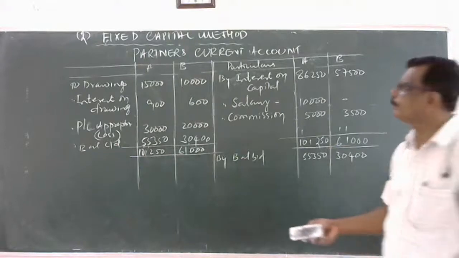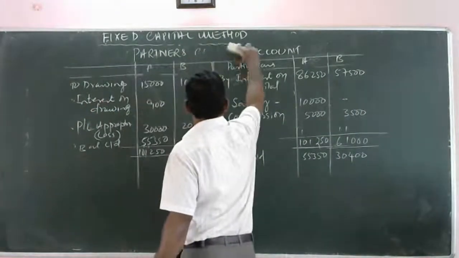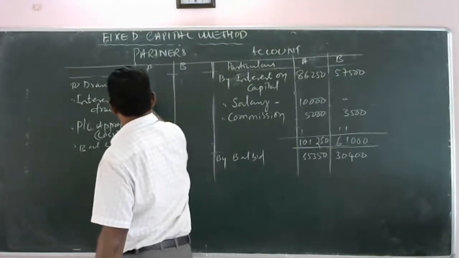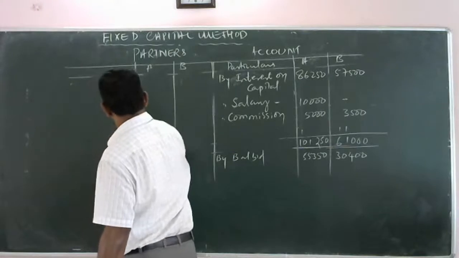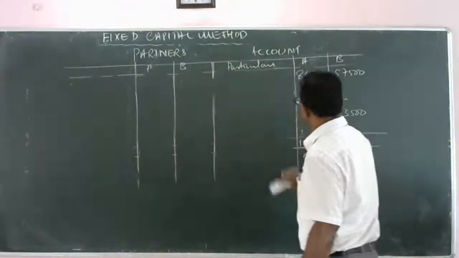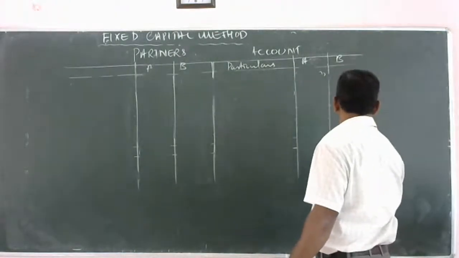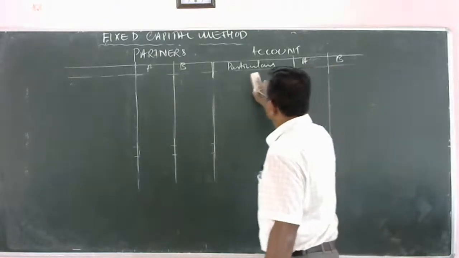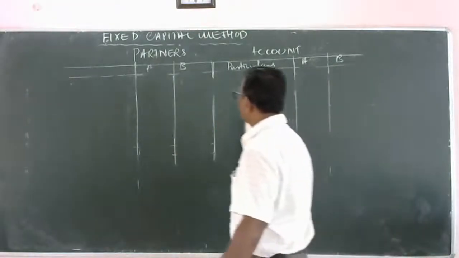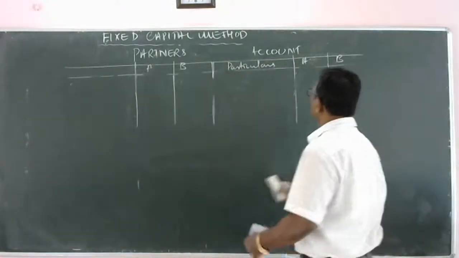In the second example also, first you have to prepare the partners capital account, then the partners current account. Isn't it? ಇಲ್ಲಿ ಕ್ಯಾಪಿಟಲ್ ಅಕೌಂಟ್ ಮತ್ತು ಕರೆಂಟ್ ಅಕೌಂಟ್ ಎರಡನ್ನು ಮಾಡಬೇಕಾಗುತ್ತೆ. ಇಲ್ಲಿ ಫಸ್ಟ್ ಪ್ರಿಪೇರ್ ಪಾರ್ಟ್ನರ್ಸ್ ಕ್ಯಾಪಿಟಲ್ ಅಕೌಂಟ್.